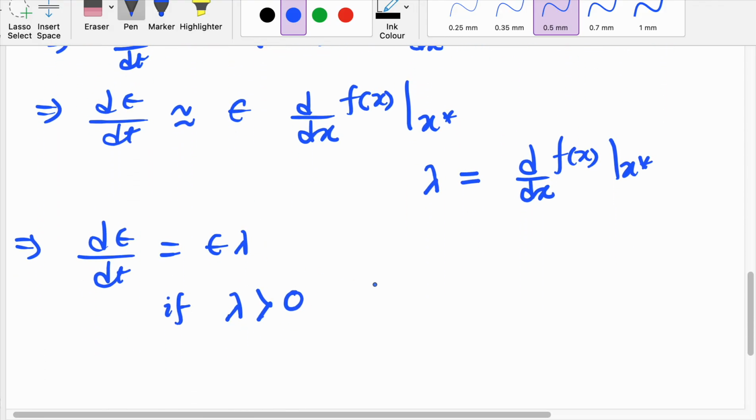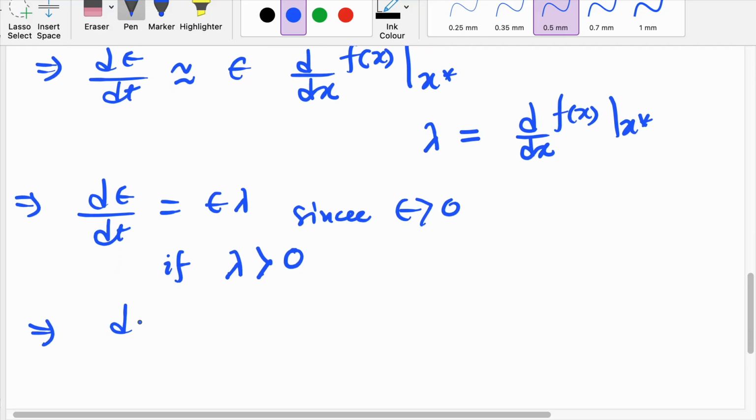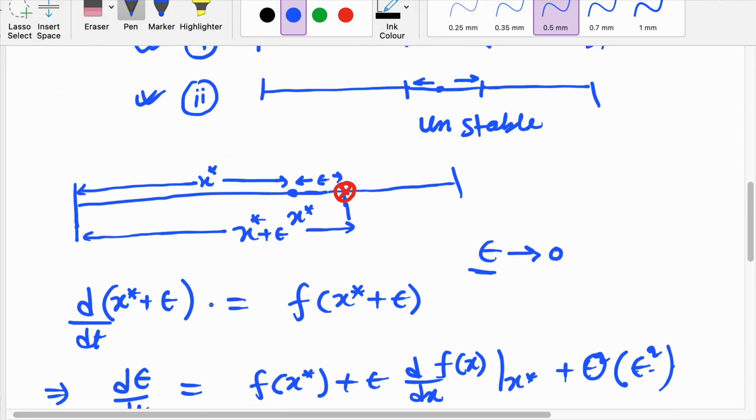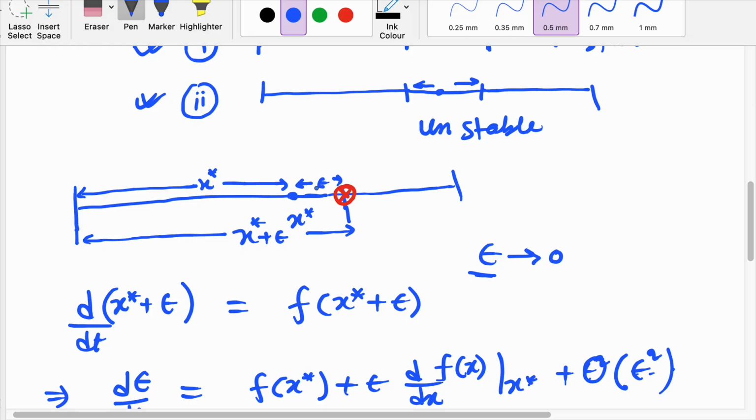So if epsilon is greater than 0 and lambda is greater than 0, then d epsilon dt will always be greater than 0. That means when time increases, my epsilon will increase, so my velocity will be in this direction. At this point, the system will move in this direction.